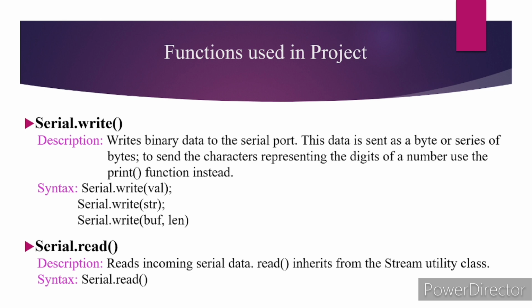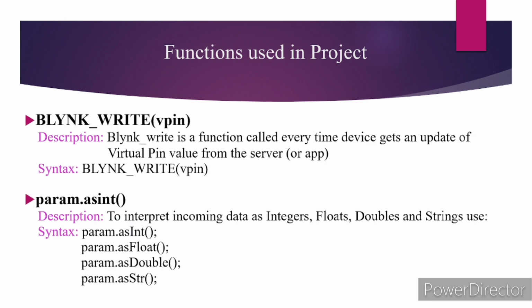This data is sent as a byte or series of bytes; to send the characters representing the digits of a number, use the print function instead. Serial.read function reads incoming serial data. Read function inherits from the Stream utility class.